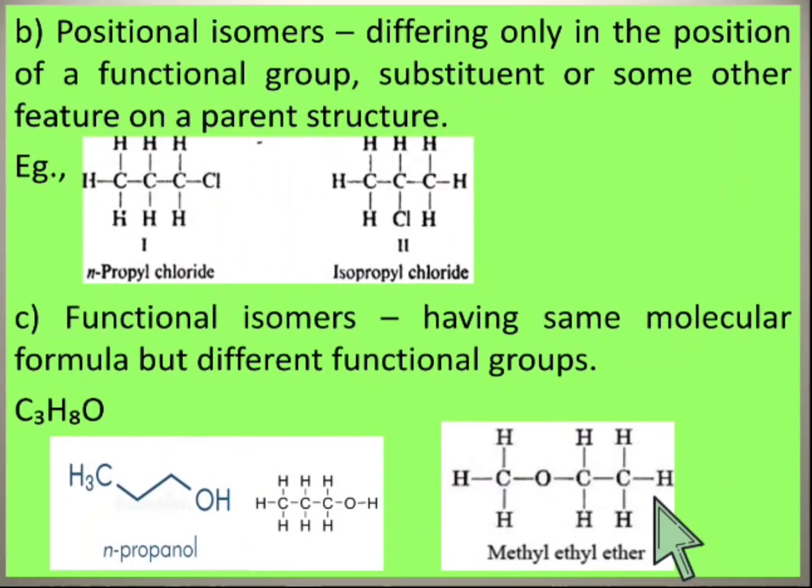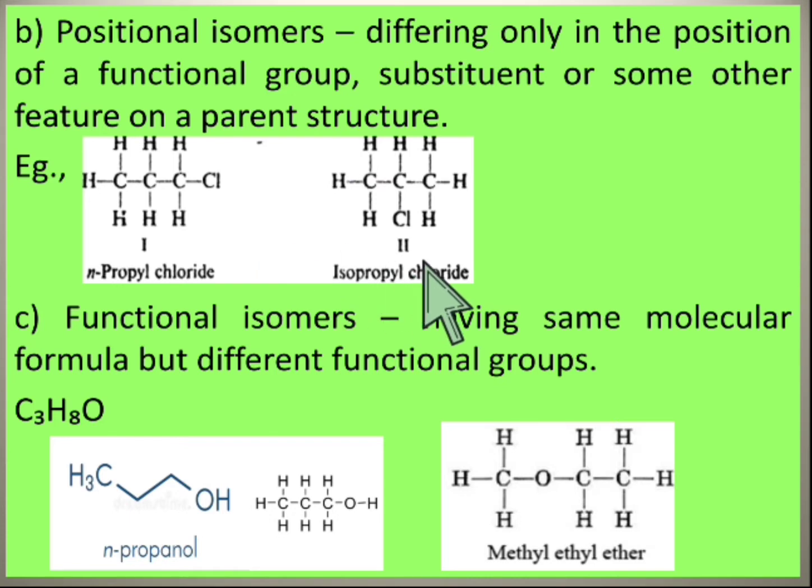Now the next type is the positional isomers. Positional isomers are structural isomers that can be viewed as differing only in the position of a functional group, substituent or some other feature on a parent structure.